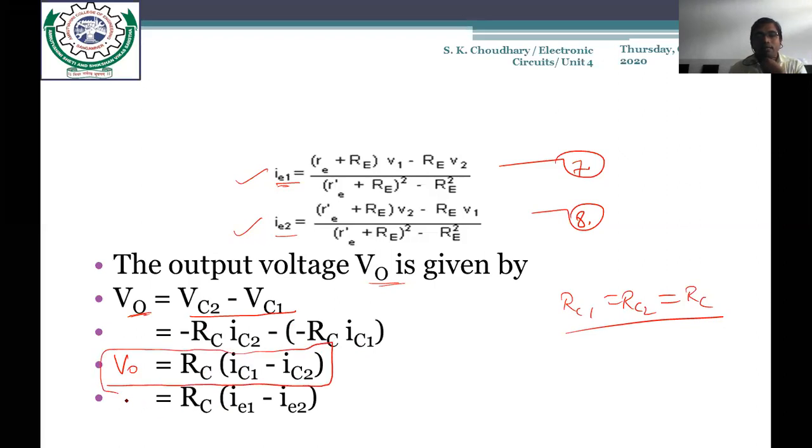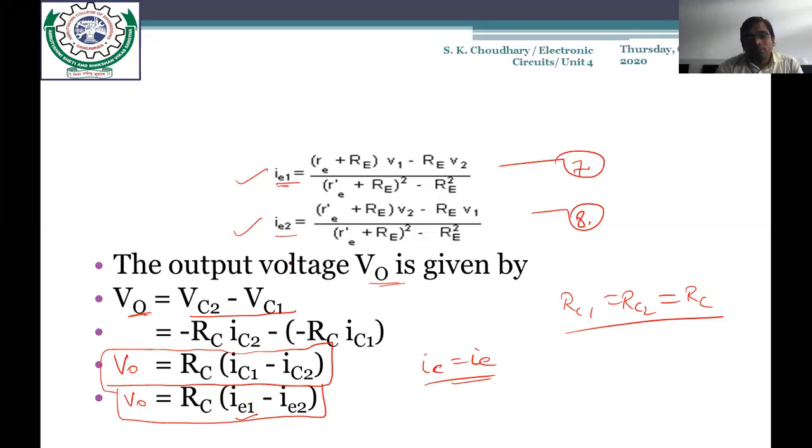And now we know that as IC is equal to IE, so we can say V0 is equal to RC (IE1 minus IE2). And what is the value of IE1 and IE2? That is given here from equation number 7 and equation number 8.